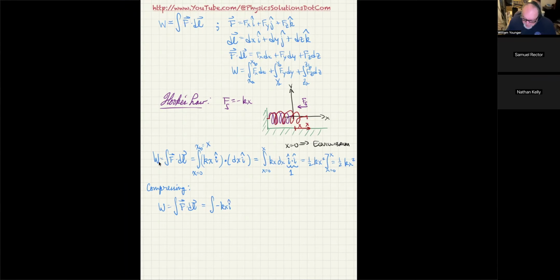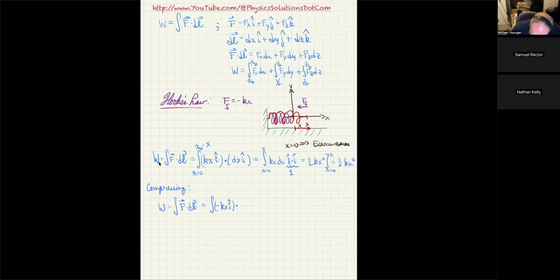Now that just means that it's pointing in the negative I hat direction. That's why the negative is there. Now I'm going to integrate in the negative x direction, but I'm going to indicate that with the limits of integration instead of with the dl. I could do it the other way, and I will, so I'll show you.